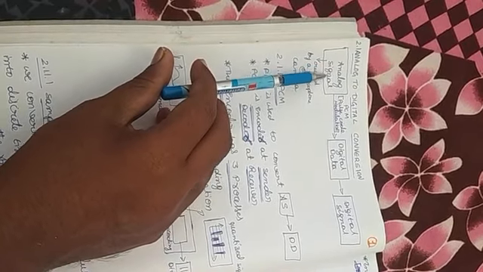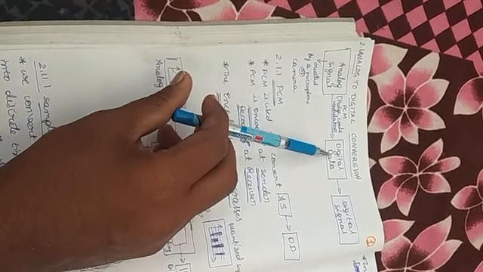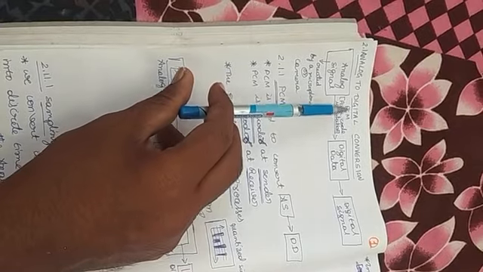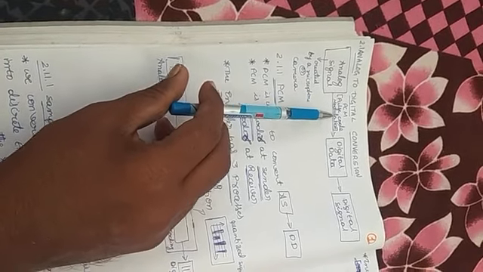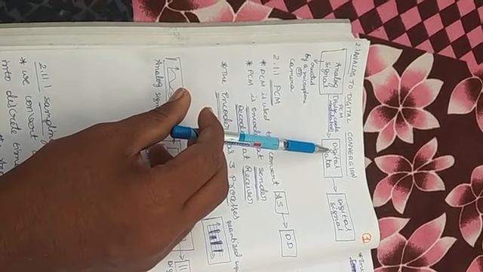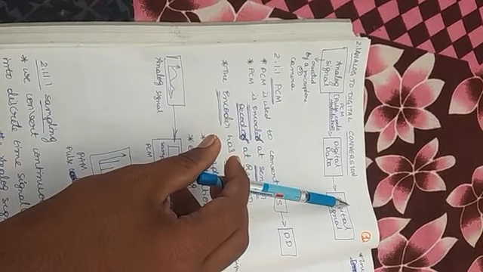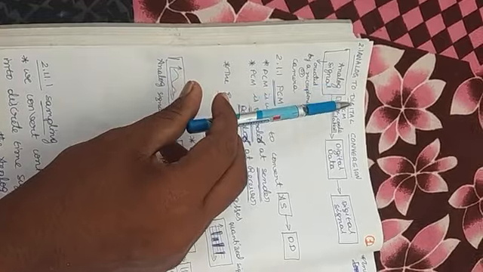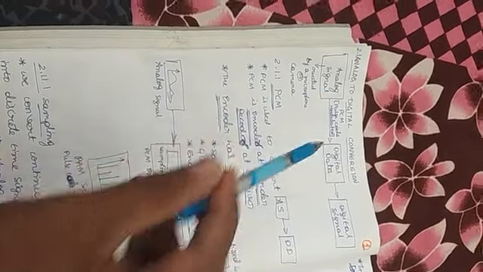To convert analog signals to digital data, we use PCM, nothing but pulse code modulation. This digital data will be converted to a digital signal. This is analog to digital conversion.